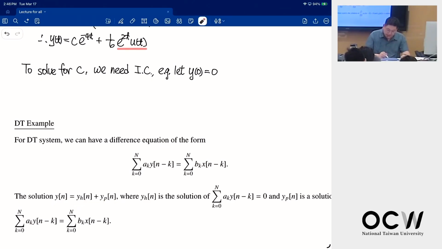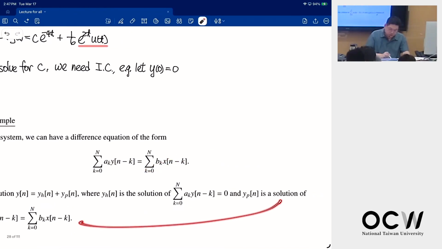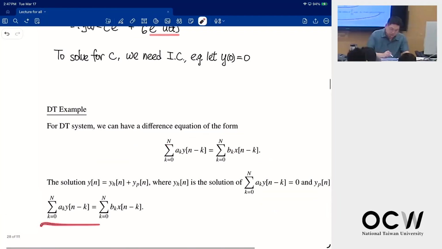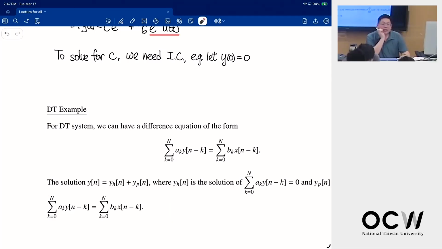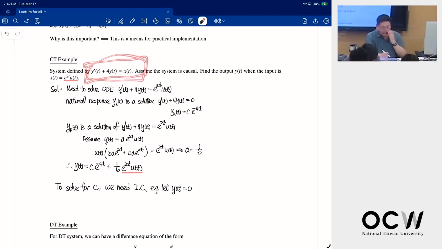The homogeneous solution is having all this equal 0, and then the particular solution will be the same. Maybe it is still a little bit abstract, but we have the equation here. But you only have this equation, right? What does that mean, this ordinary differential equation?